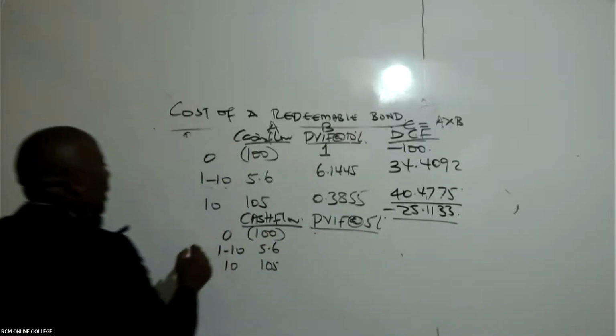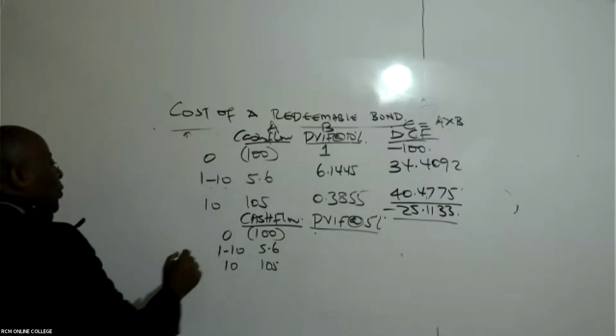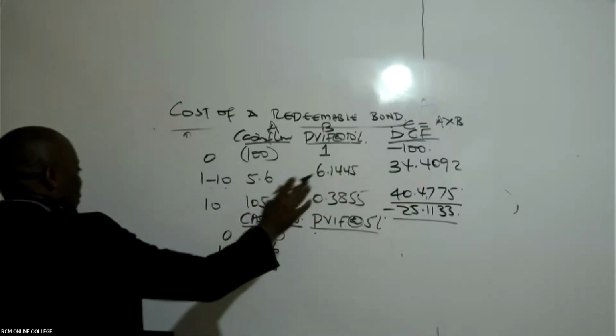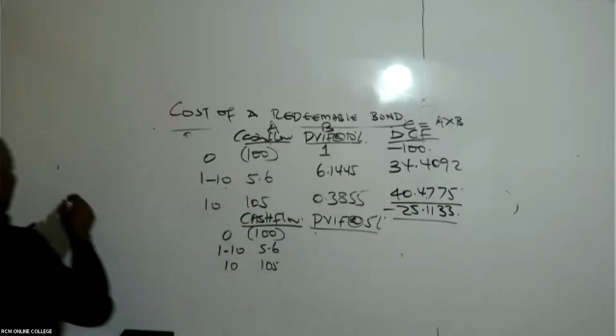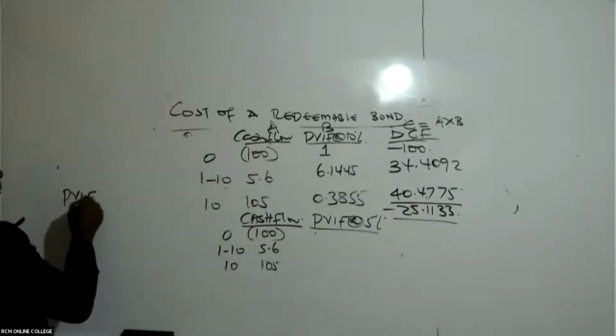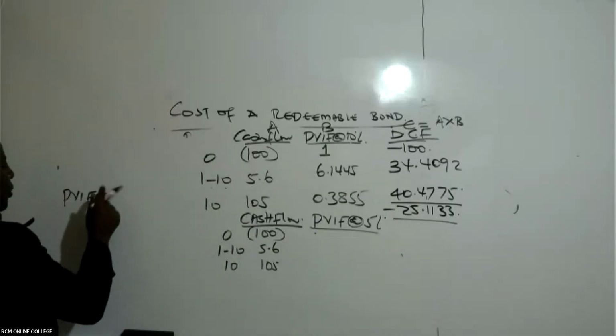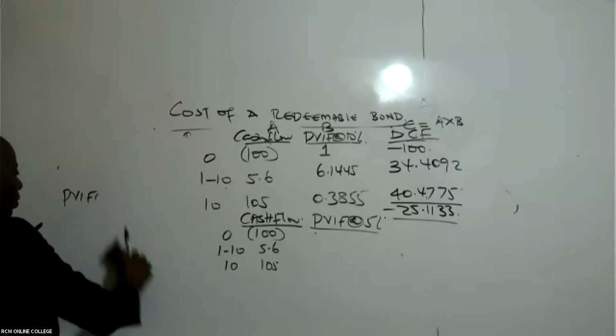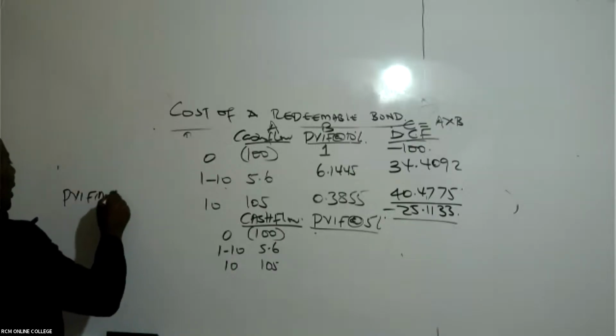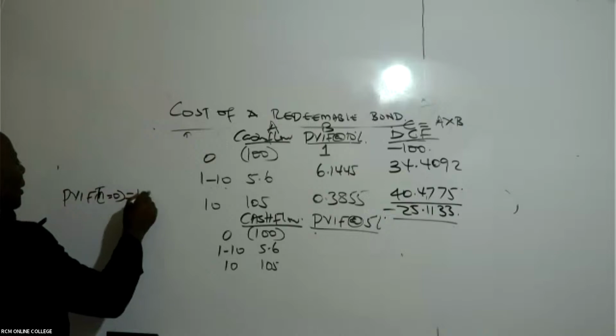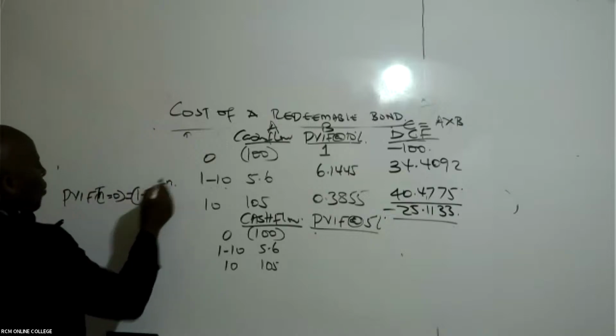I will have to calculate. I wish I wrote here PV stroke PV, but no worries. That's okay. So then I will have to calculate PV at times 0, PV when n equals 0. Remember the formula is 1 plus r raised to negative n.